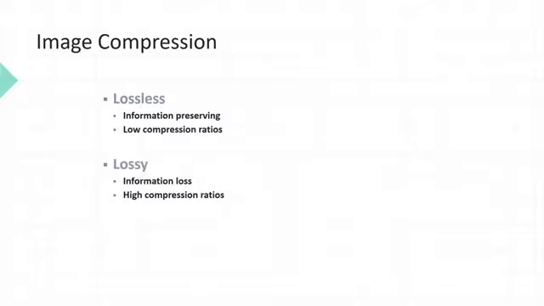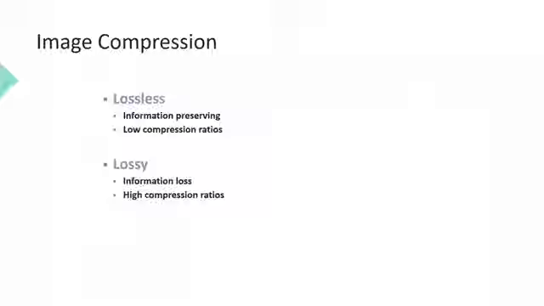Later, we go towards the lossy type. Here, information loss is more, but keep in mind that the data that has been removed is most of the time redundant data, repetition data in an image. Whereas the compression ratios are very high in nature.